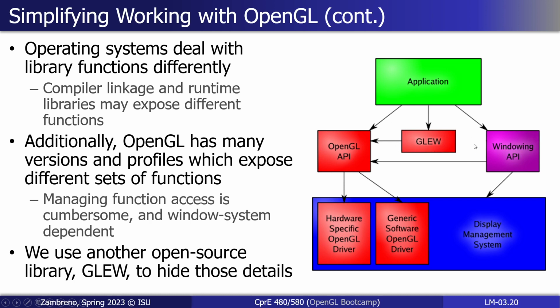We also tend to interface with a third library separate from OpenGL to deal with the potential compatibility and different extensions that may be available on the particular hardware and driver that you are using. The one we're using is called GLEW, OpenGL Extension Wrangler Library. And the nice thing about it, as we look at some of the source code examples for today, is it's effectively one line for us.